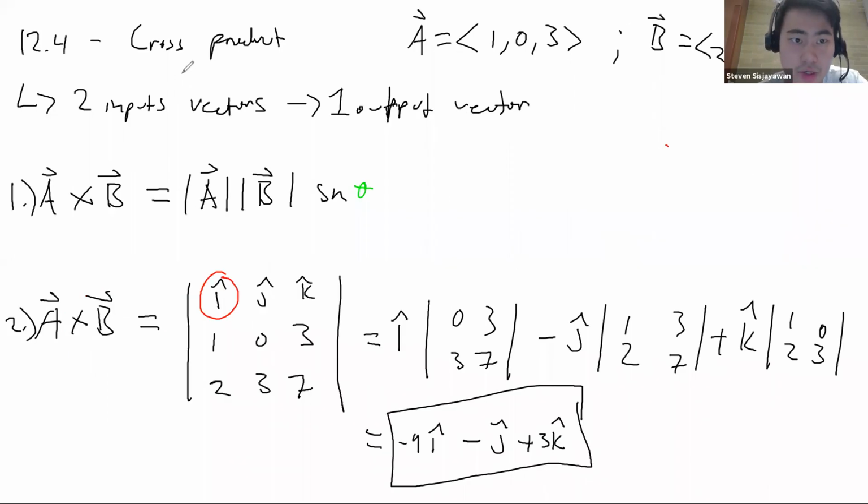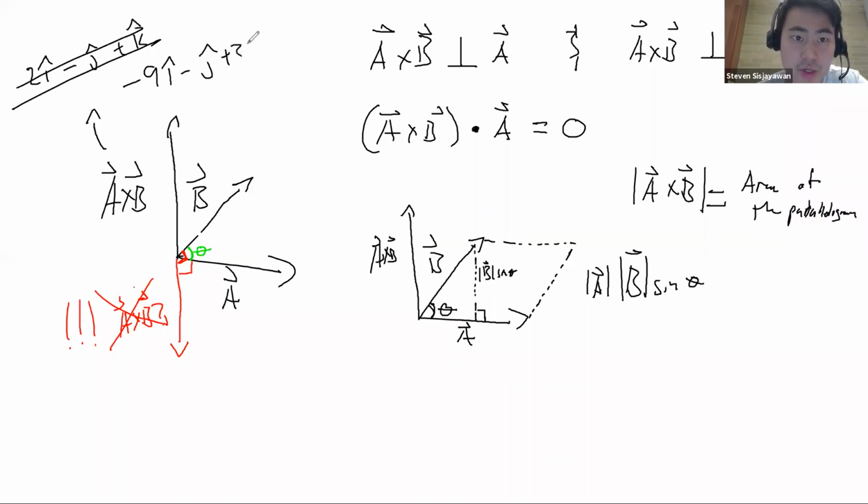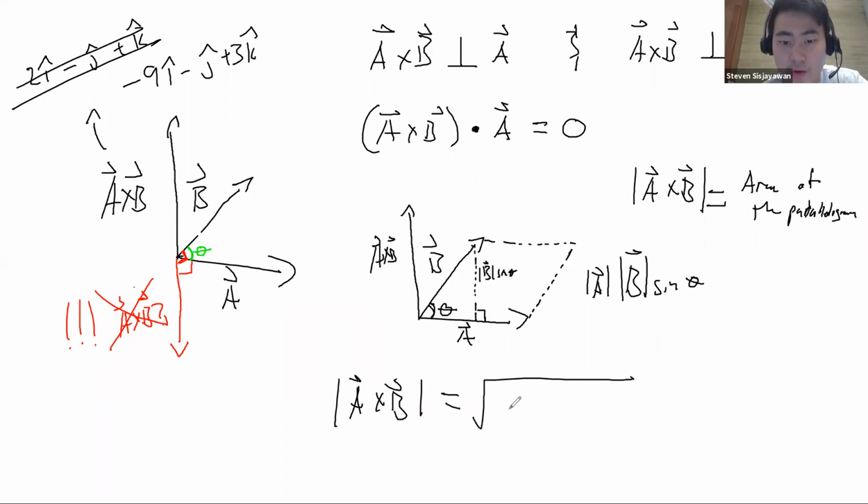And then just like how you would normally find the magnitude of a vector, you just find the magnitude right here, which is going to be the square root of 81 plus 1 plus 9. That's the square root of 91, I mean, which is what? I don't think I can simplify that.